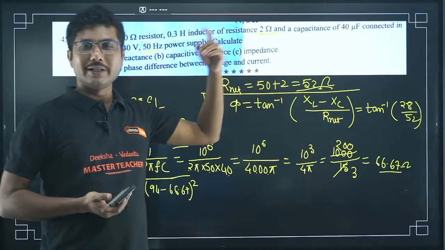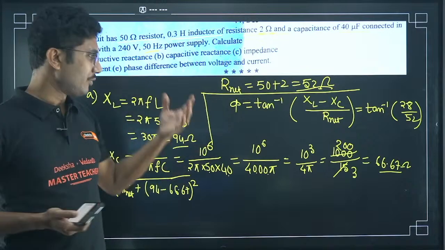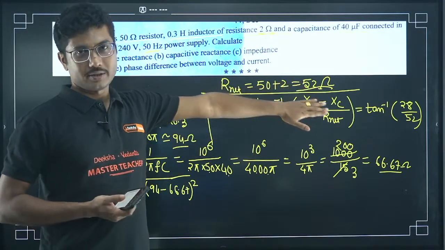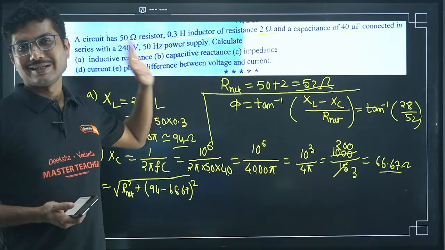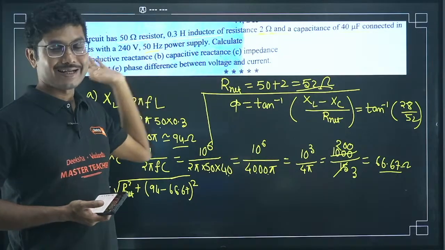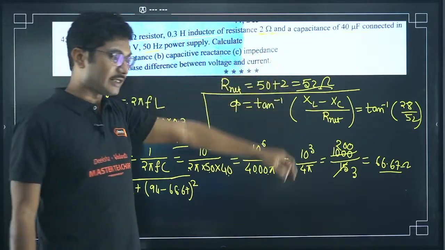If you don't do it, they will deduct 1 mark. If you do all the steps properly you get 4 marks, but if you forget to do that, you lose 1 mark. Otherwise, in a series LCR circuit the resistances directly get added. I'm just giving you an idea that you have to consider any other resistances.